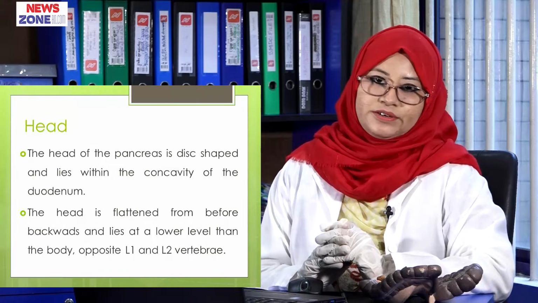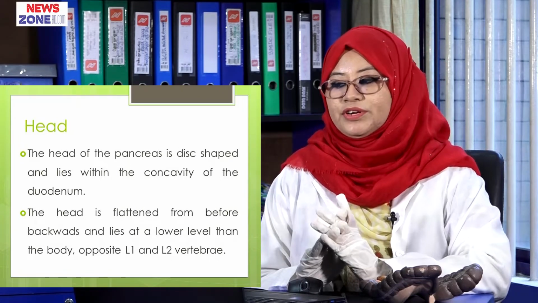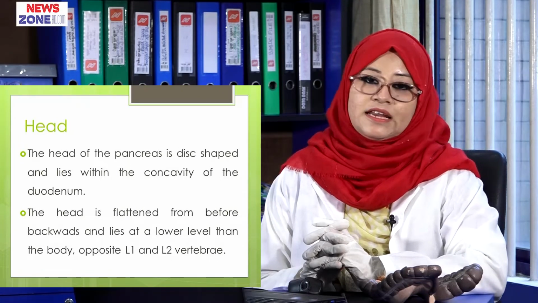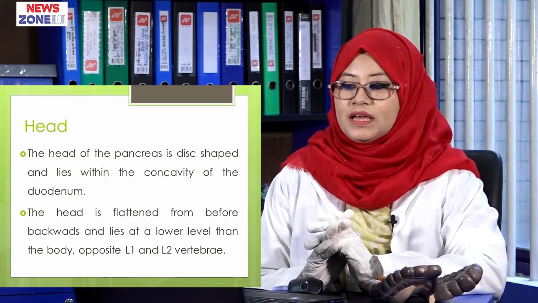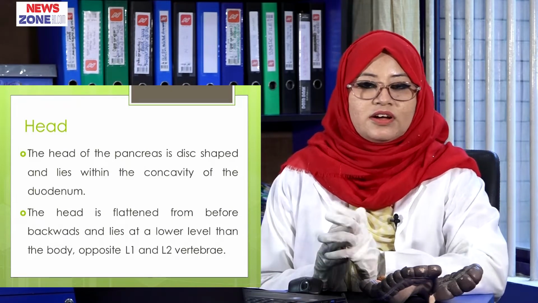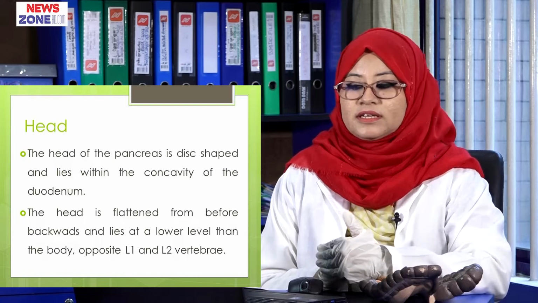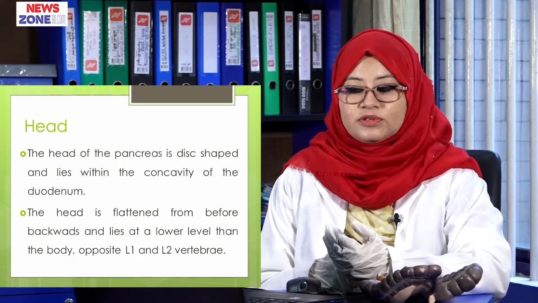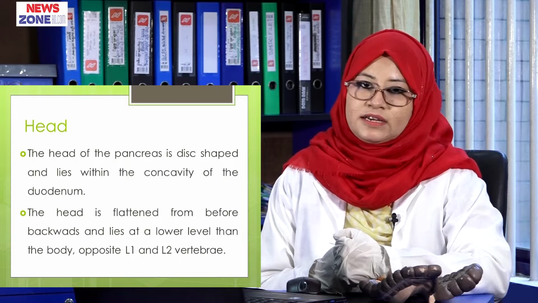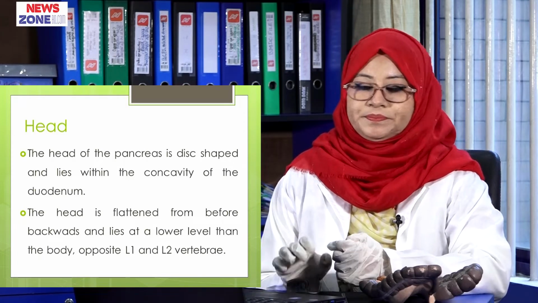Now head of the pancreas. The head of the pancreas is disc shaped and lies within the concavity of the duodenum. The head is flattened from before backwards and lies at a lower level than the body, opposite the lumbar 1 and lumbar 2 vertebra.